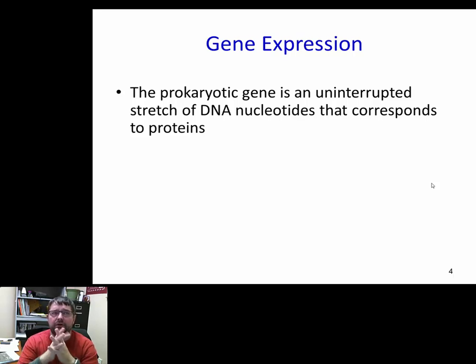So when I talk about the human genome and I say the human genome is 3 billion base pairs, we have roughly 25,000 genes, maybe each gene is 1,000 base pairs or something like that. That leaves a lot of DNA not accounted for.